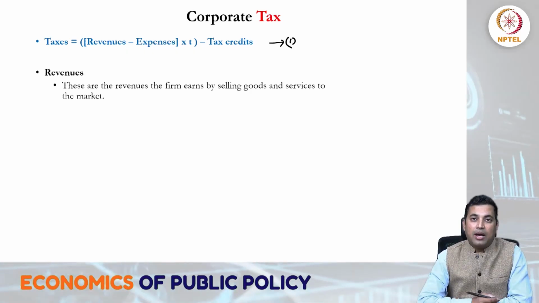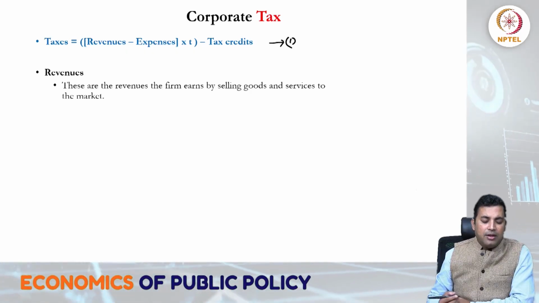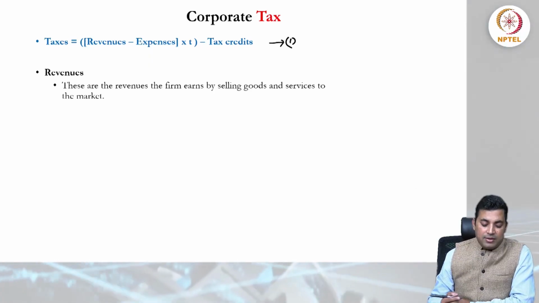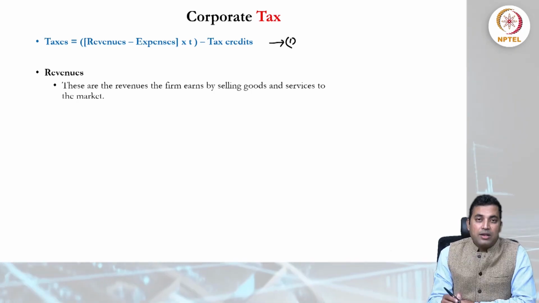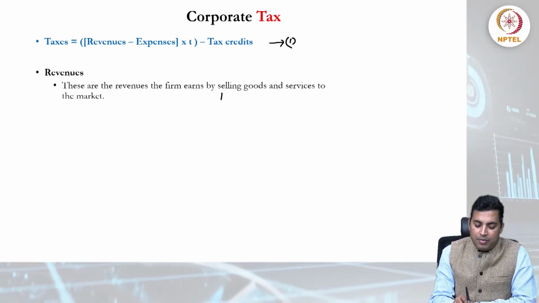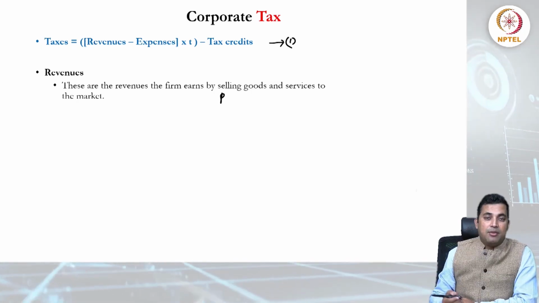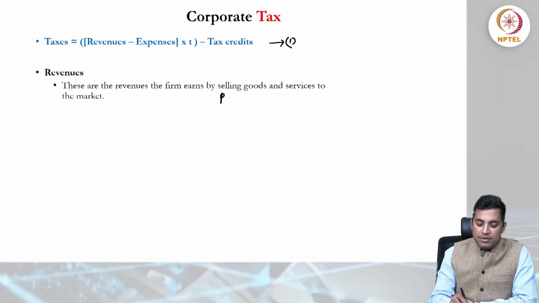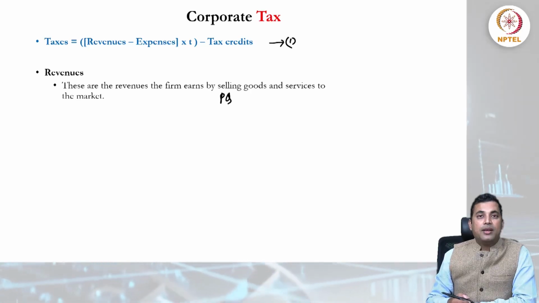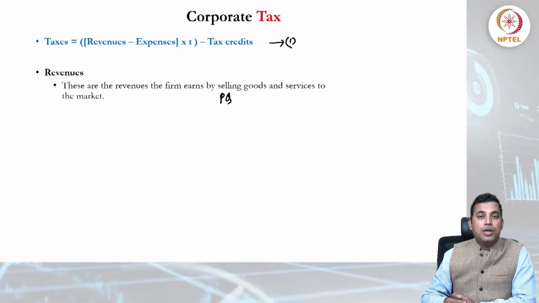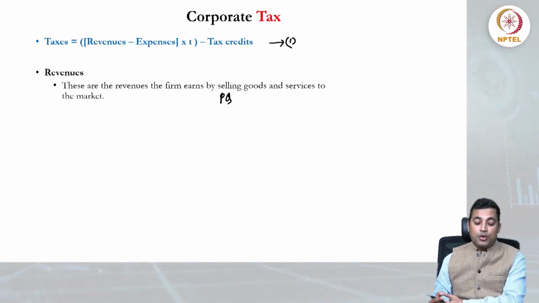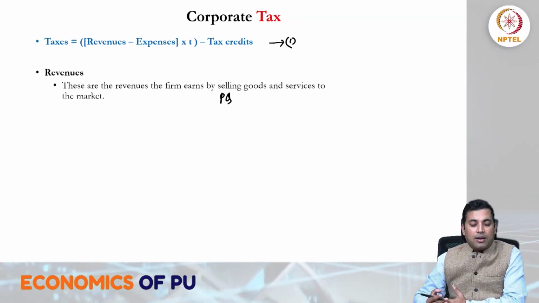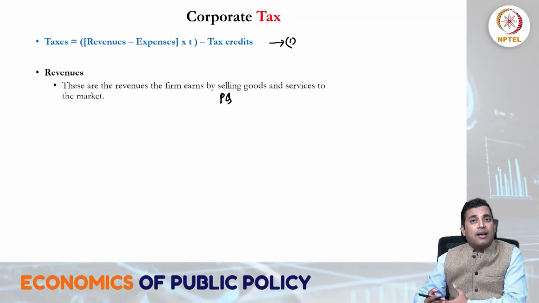So what is revenue? As we already know, revenue for the firm is earned by selling goods and services to the market. Simply, total revenue will be, say, P is the price determined per unit of goods or services, and Q is the total quantity, or total units of goods and services that a company or firm is actually selling.